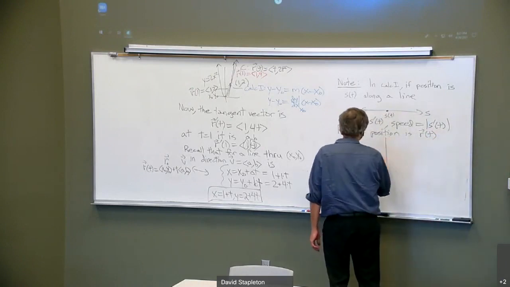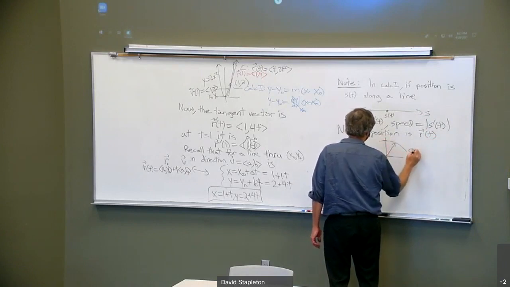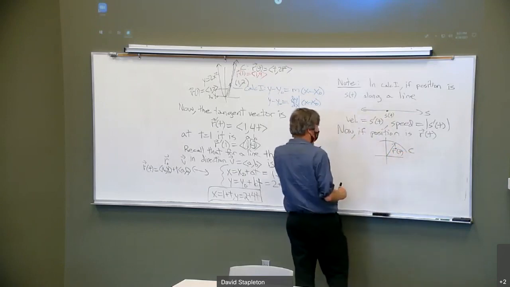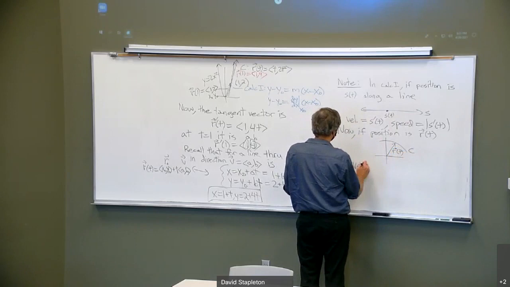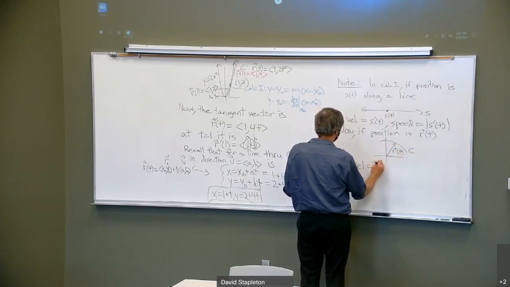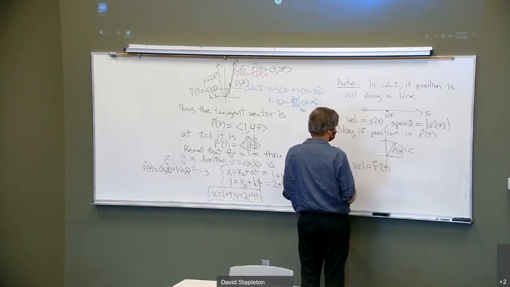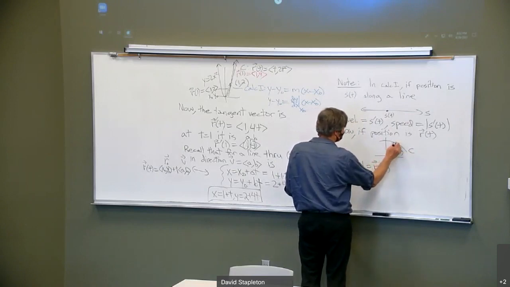You're in a plane, and you're moving along a curve, C, given parametrically by this vector value function R whose endpoint sweeps out the curve. And the velocity is now a velocity vector. It's R prime of t. So instead of talking about the velocity, you talk about the velocity vector, which is now tangent here.